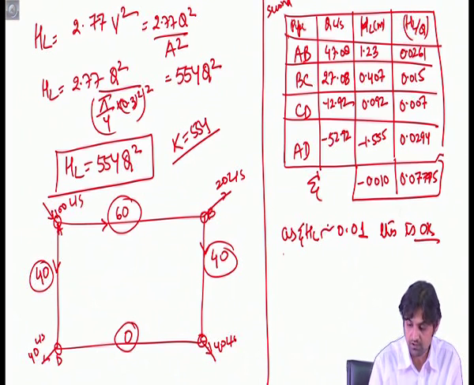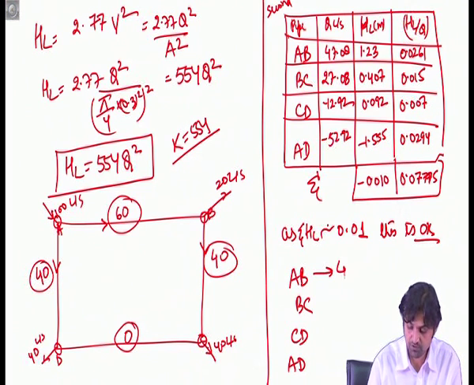Therefore, these will be the final discharges in the pipe AB, BC, CD and AD. So, AB is going to be 47 approximately, I am writing 27, this is 13 and this is 53.